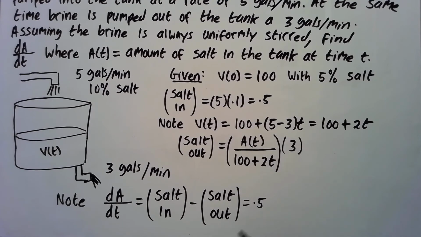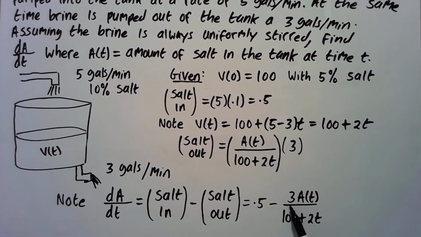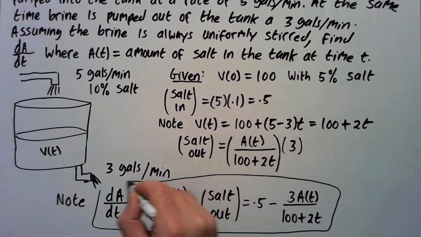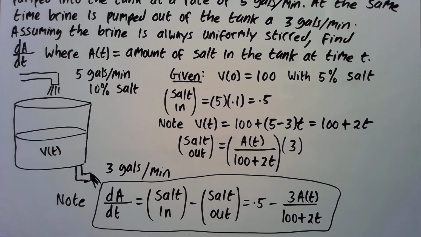We can write it as 3A over 100 plus 2t. So this is a differential equation. This is a model for our problem here. So we're done. Here's our equation for dA/dt. Alright, so we're done.